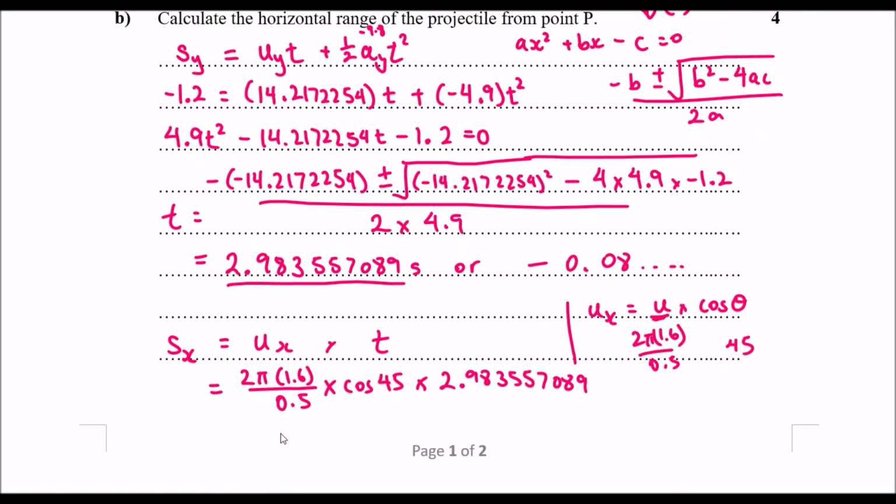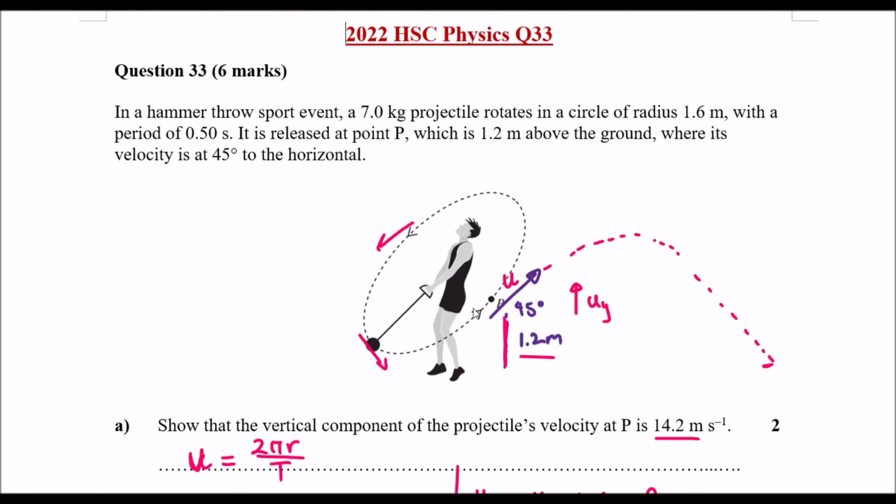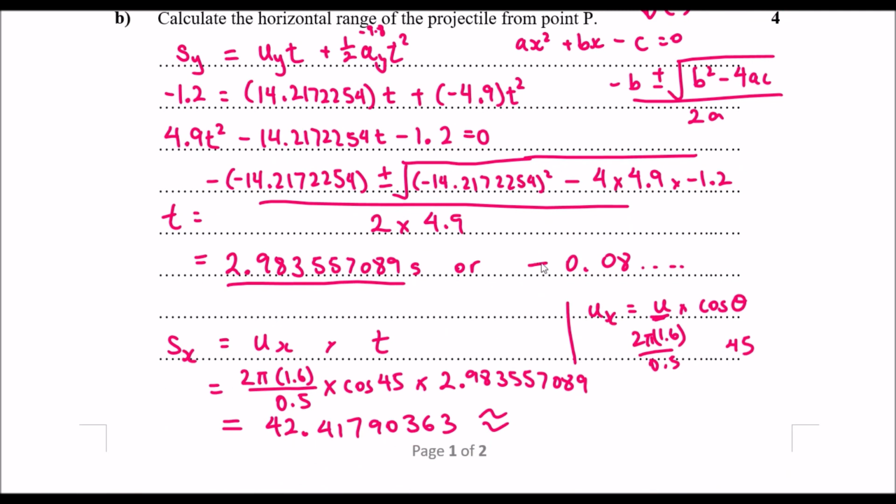And if I look at the overall distance, that is, where did I write? 42.41790363, which if I round that off using the low sig figs used in this particular problem, which would be 2 significant figures, then my value would be 42 meters.